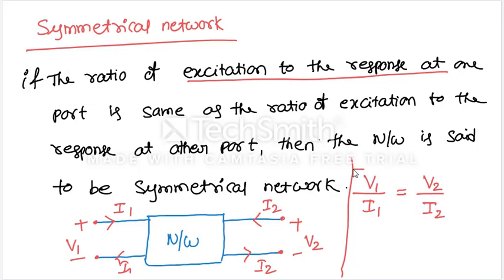If it is the same, then the network is said to be a symmetrical network. The ratio of excitation to response at one port is the same as at the other port. Right. This is the condition for symmetrical.